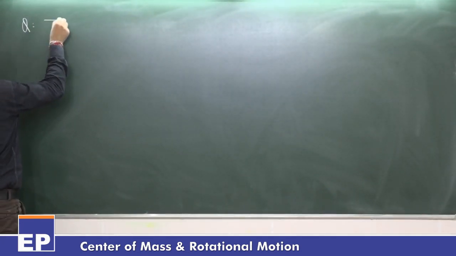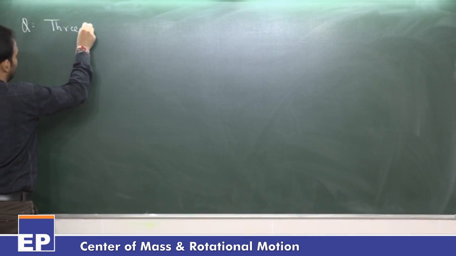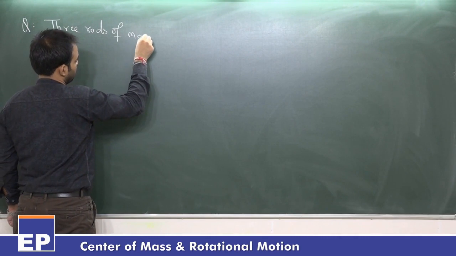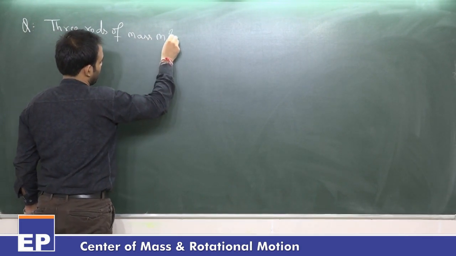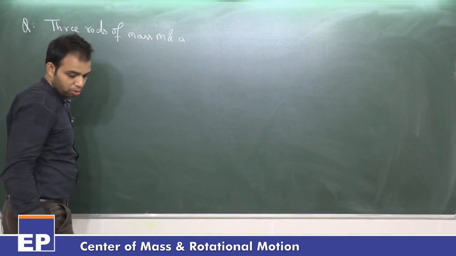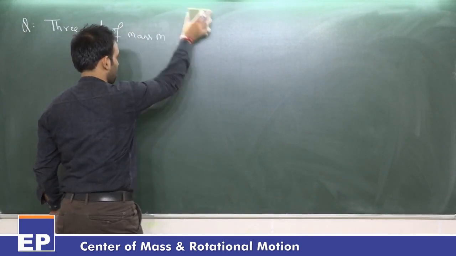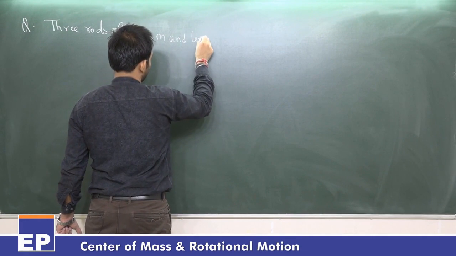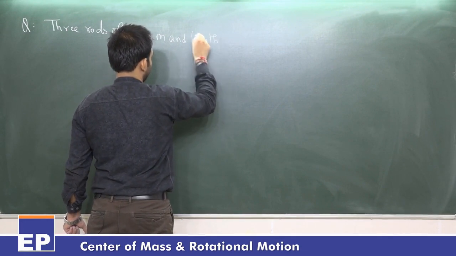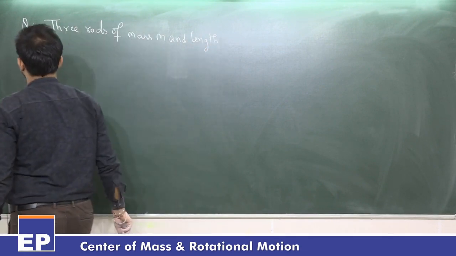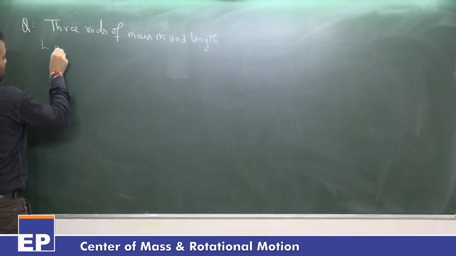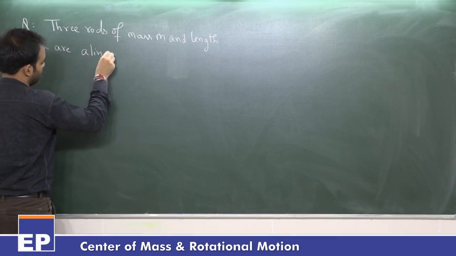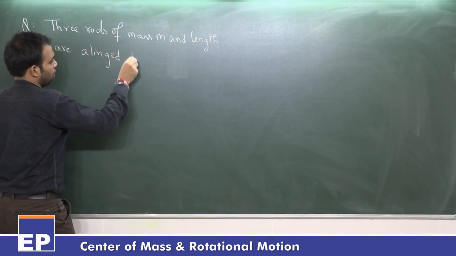Next is, 3 rods of mass m and length L are aligned to form an equilateral triangle.